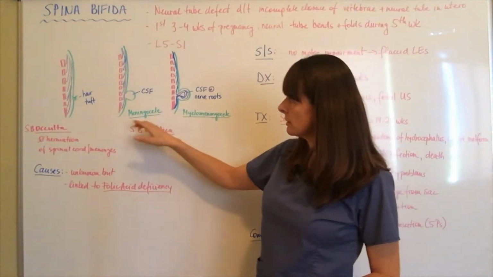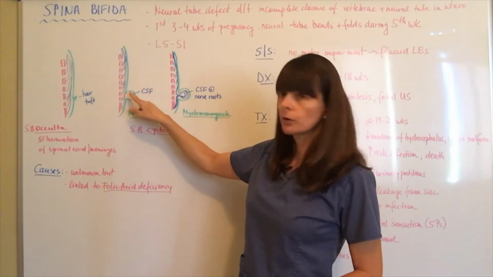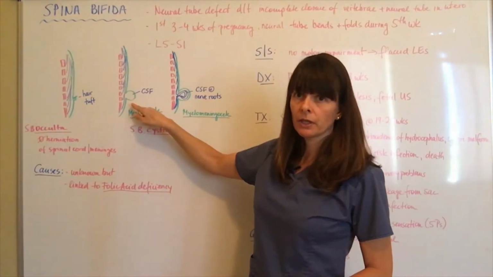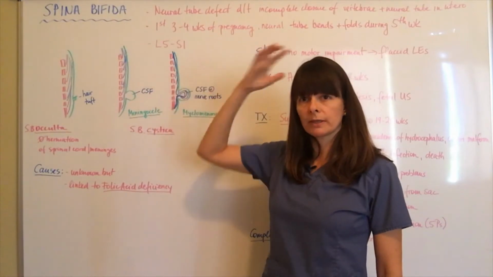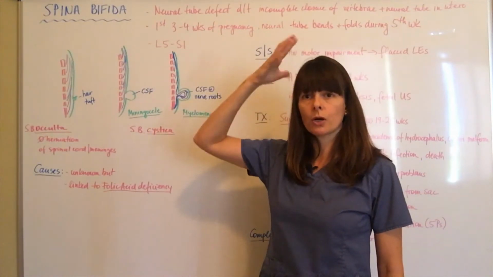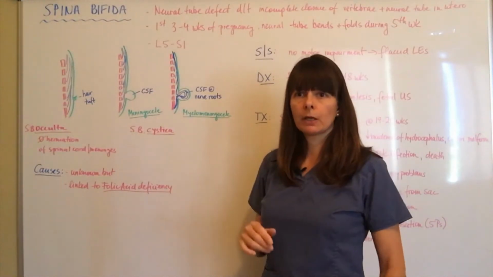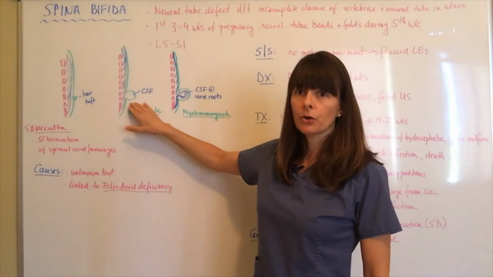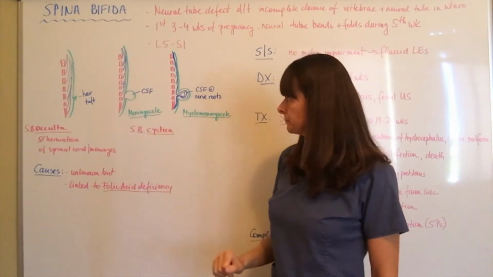So in meningocele, again, we have our vertebra and the nerve roots, and because of that neural tube defect, we have this sac-like protrusion that is filled with cerebrospinal fluid. Remember that the brain and spinal cord are cushioned by cerebrospinal fluid to allow for movement and lubrication. So in this case, there's this protrusion, this herniation that's filled with cerebrospinal fluid.